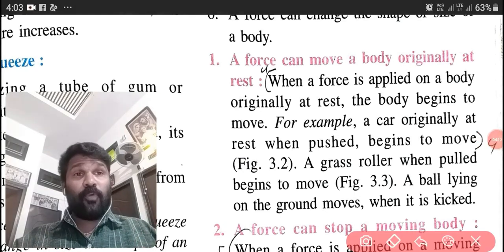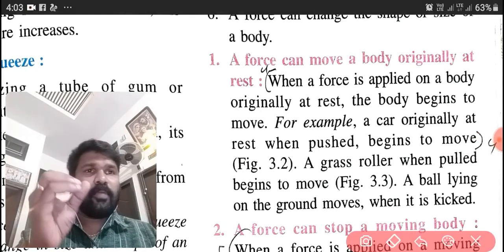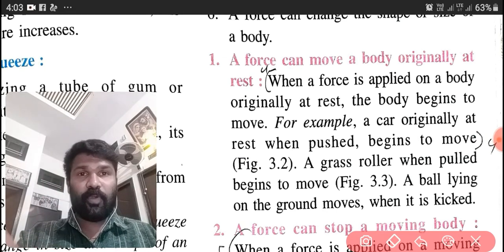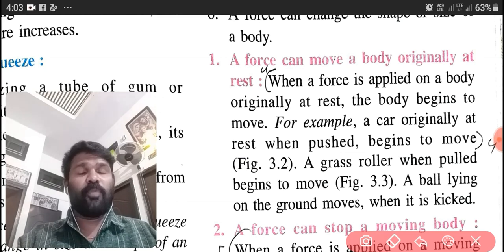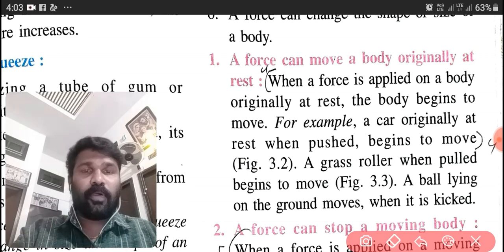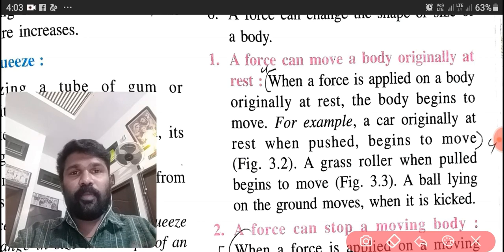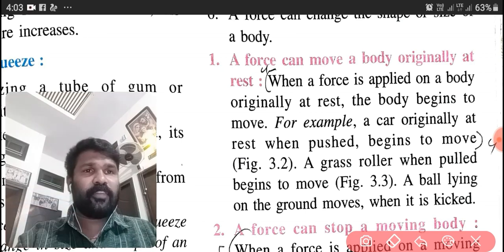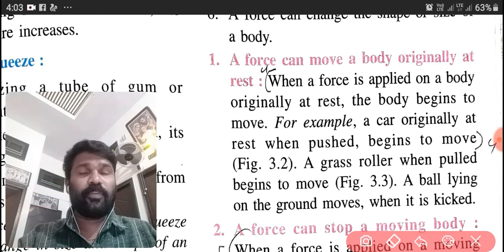When a force is applied on a body originally at rest, the body begins to move. If you apply a force on that particular body, the body begins to move. For example, a car originally at rest when pushed begins to move.